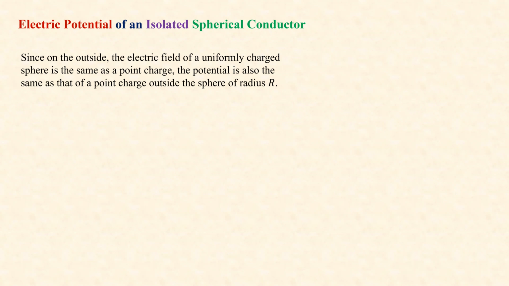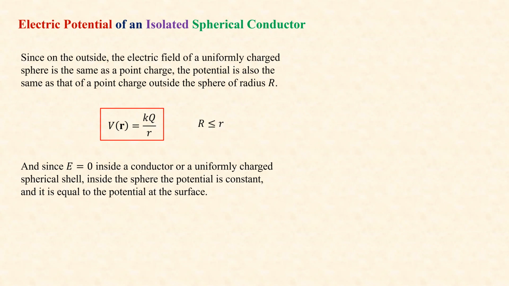On the outside, the electric field of a uniformly charged sphere is the same as a point charge. The potential is also the same as that of a point charge outside the sphere. So we have this for the sphere as well, because the electric field is the same, therefore the integral will be the same. If the reference point is at infinity, we get the same thing.